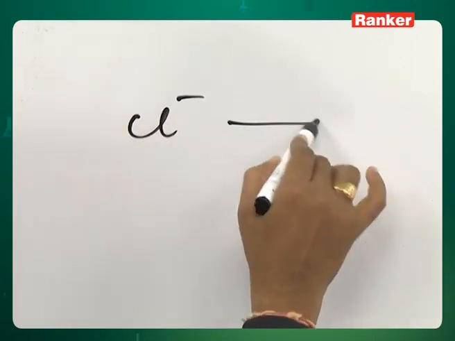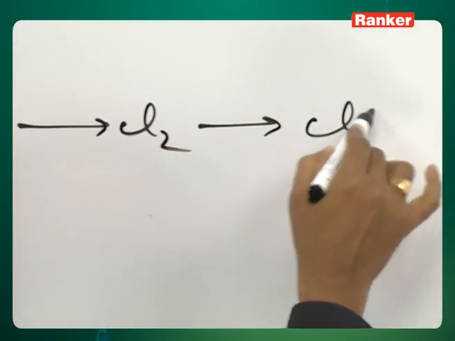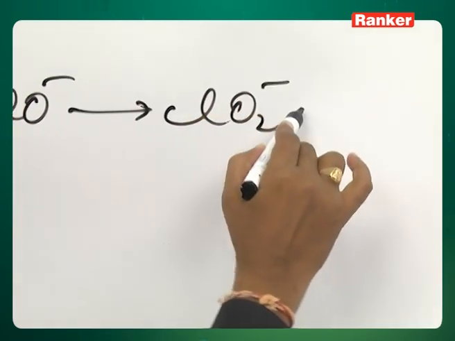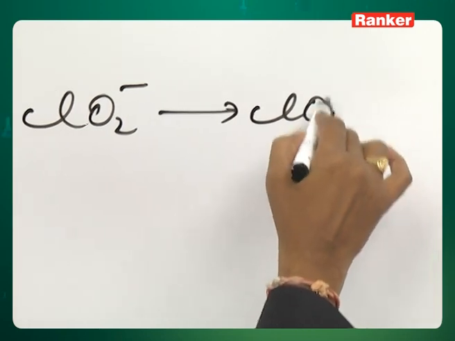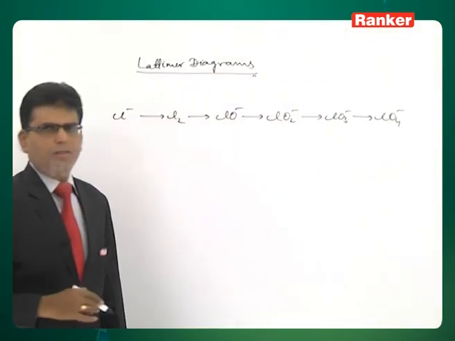Cl minus gets oxidized to Cl2, Cl2 to ClO minus, ClO minus to ClO2 minus, ClO2 minus to ClO3 minus, ClO3 minus to ClO4 minus.